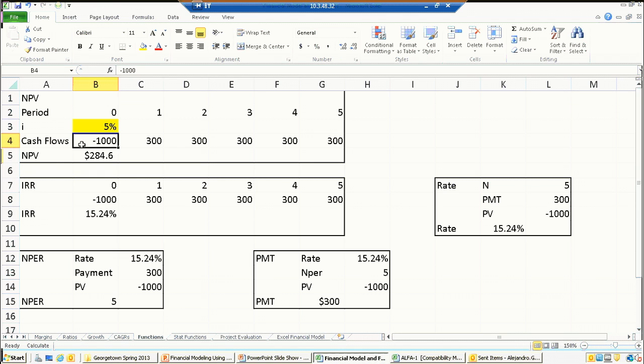And you need to invest 1,000 at the beginning of the period, and you expect to get cash flows of 300 for the next 5 years. And then, let's say if this is a piece of machinery that has a useful life of 5 years, so that's the end of the project.